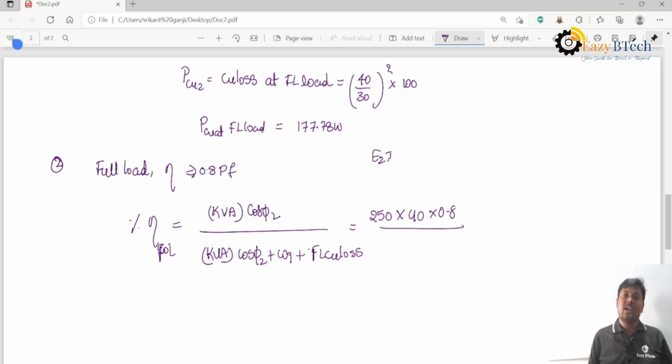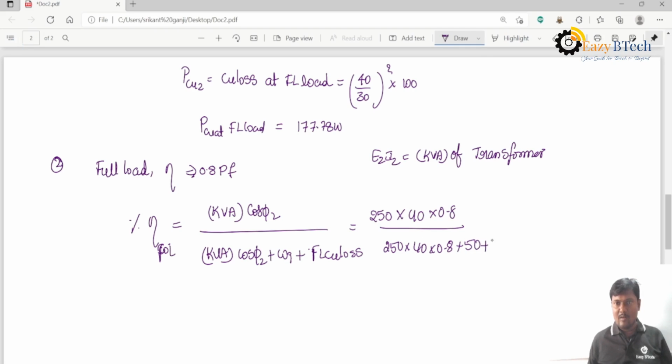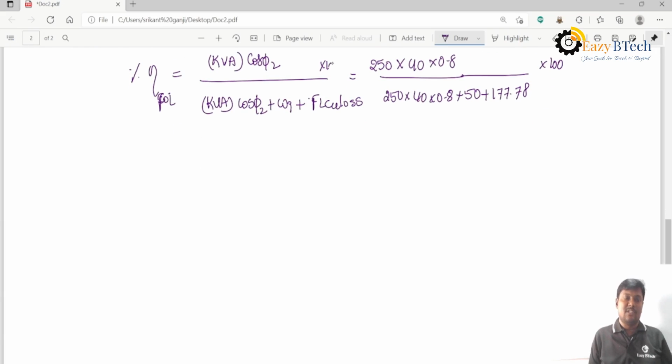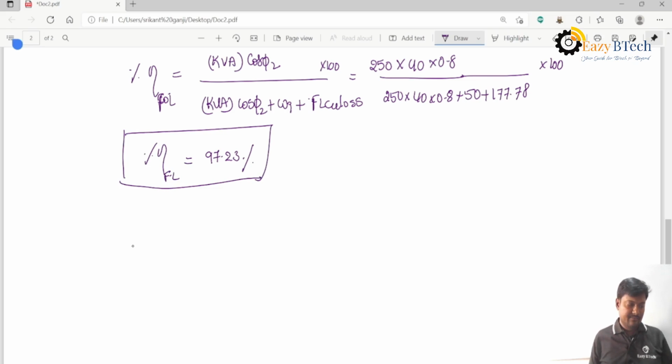So we know that E2 I2 is also the kVA of the transformer. So 250 into 40 into 0.8. The iron losses obtained from the open circuit test are 50, and the copper losses calculated at full load are 177.8, multiplied with 100. Then I got 97.23%. This is the efficiency at full load.